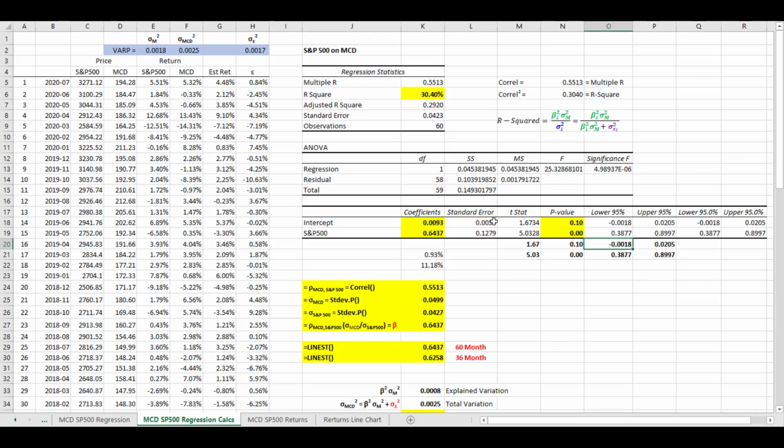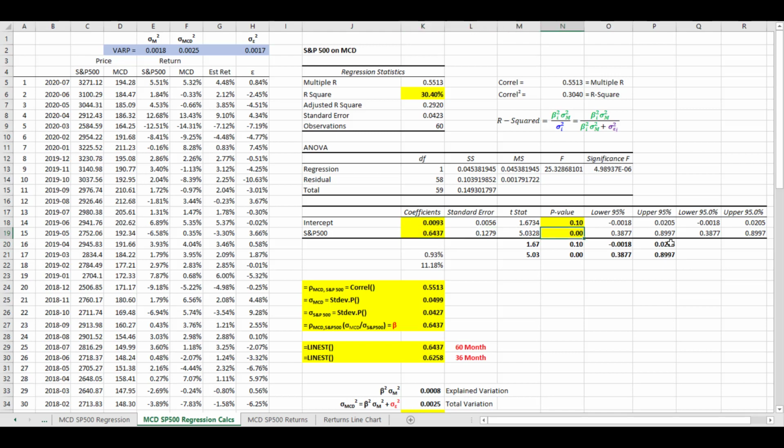That tells me that I have a 95% confidence that this value, which I estimated at 0.0093, lies somewhere between negative 0.0018 and positive 0.0205. The way to think about that is, since this crosses 0, I can't be 95% confident that this is not 0. I can be 90% confident that this is not 0, but I can't be 95% confident. Again, it's arbitrary to choose 95. We'll just use that in this class.